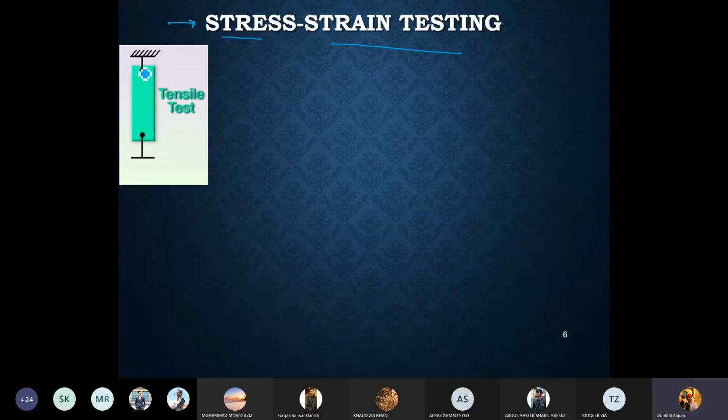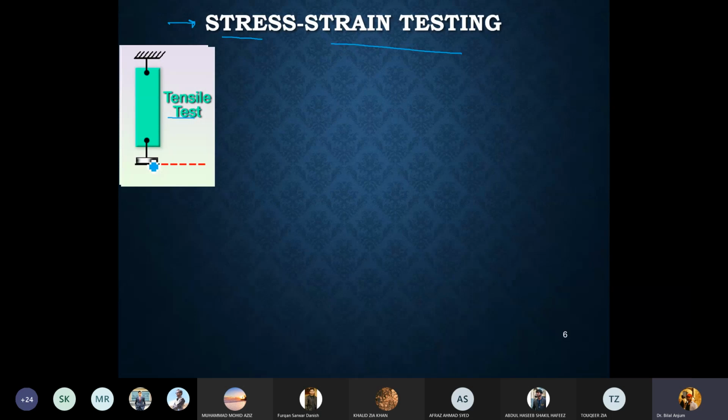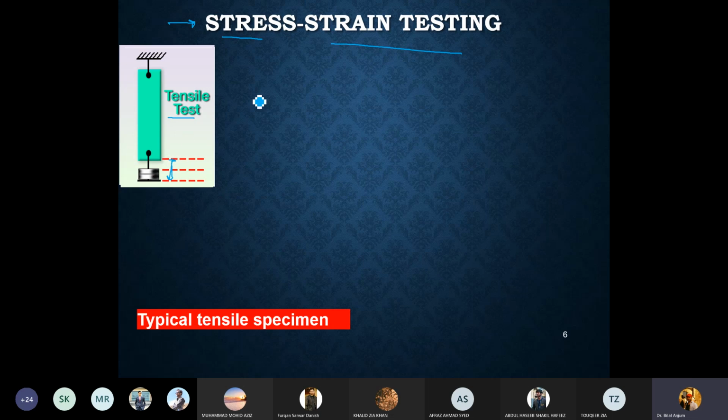In simple words, you have a specimen and you apply a tensile load onto it and start measuring the deformation as the load is applied, until the material fractures. With this data, you have a stress strain plot.